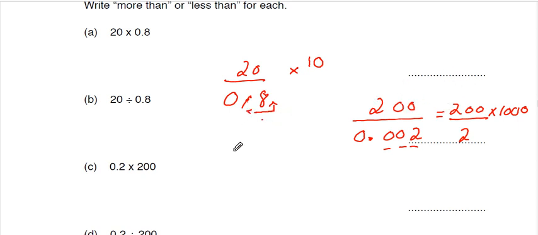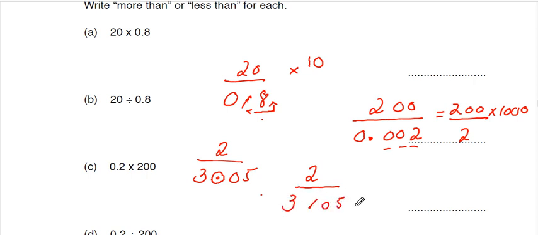Okay, I'm giving you some more examples. For example, if you have 2 divided by 3.05, now tell me how you can remove the decimal from your bottom number. Just pause the video, first try doing it yourself, and then come back and I will tell you how to do this. So in the bottom, I want to remove this decimal. I have to look from right to left at how many numbers I have to move to reach my decimal.